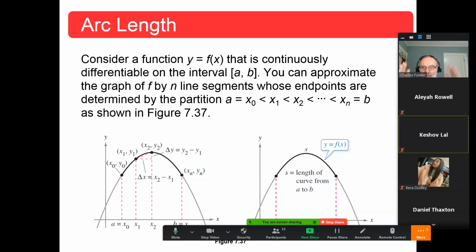In other words, you split that interval from a to b into n segments. They don't have to be uniform, but just n segments.